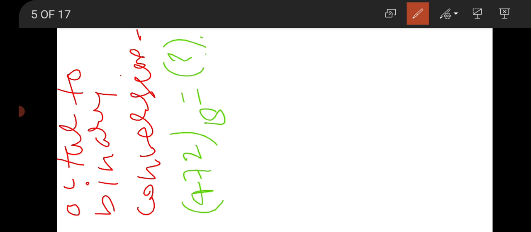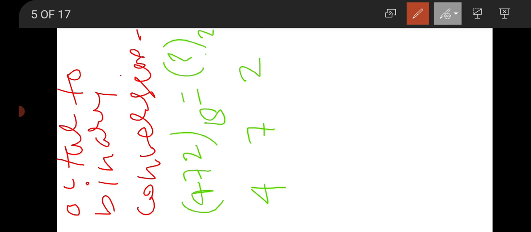Learning the binary codes will help us a lot in octal to binary and hexadecimal to binary conversion. Suppose that we are going to convert 472 base 8 into binary. Put all digits 4, 7, 2 separately.